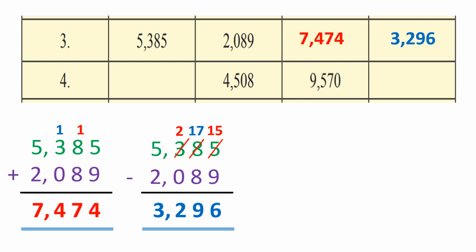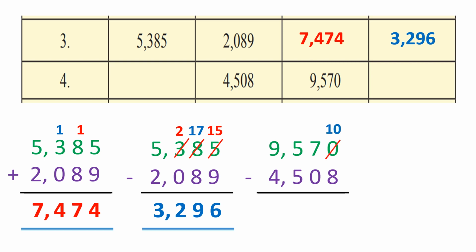Next is number 4. You have here the second number 4,508 and the sum 9,570. To get the first number, you subtract 9,570 minus 4,508. Okay, for the first number. 0 minus 8 cannot be.